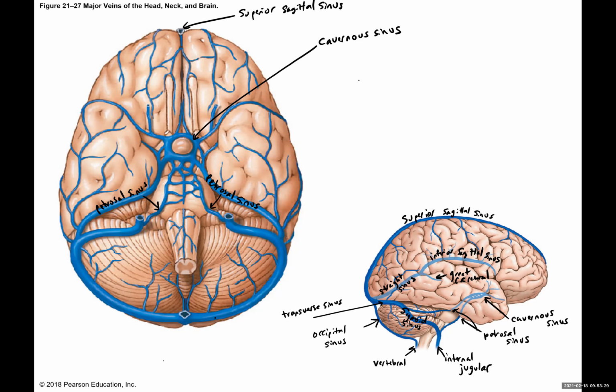We can see this is the transverse sinus. And here we're getting our S-shaped sigmoid sinus. And then cut on both sides, we have our internal jugular.